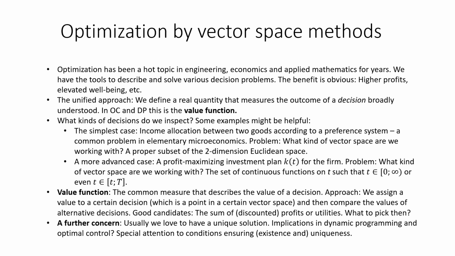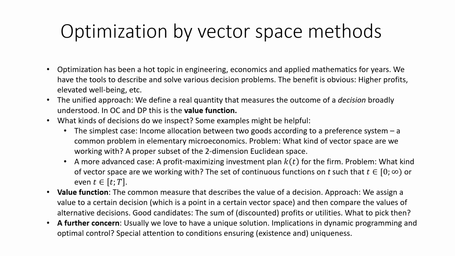The solution is a two-element vector. One element describes the optimum quantity of product X. The other element of the solution vector describes the optimum quantity of product Y. So the vector space, we work in the simple two-dimension Euclidean space. This is the most elementary problem an economist, a student of economics, can solve.